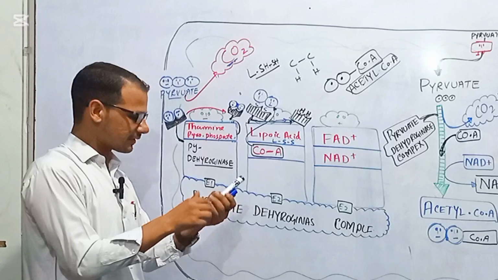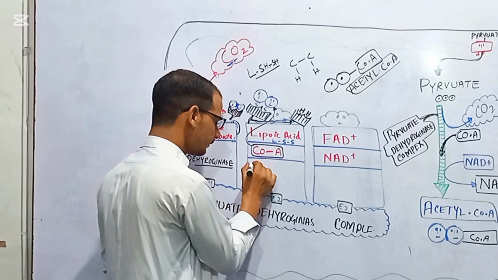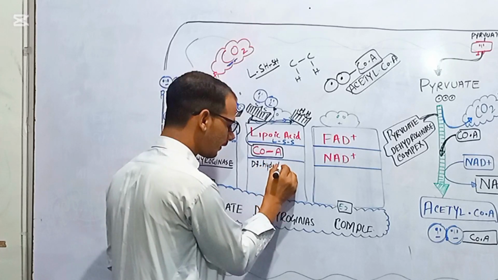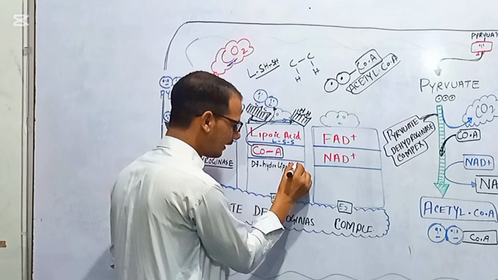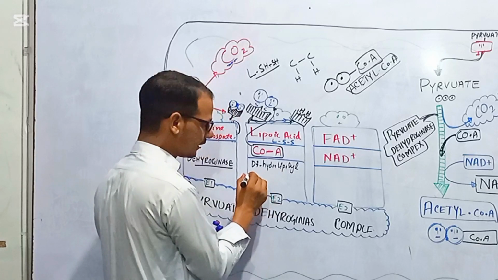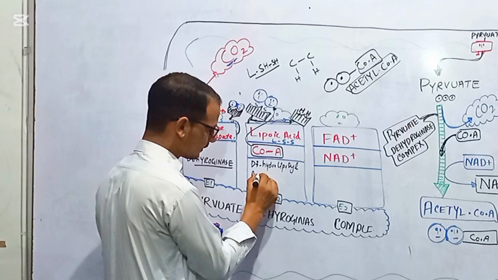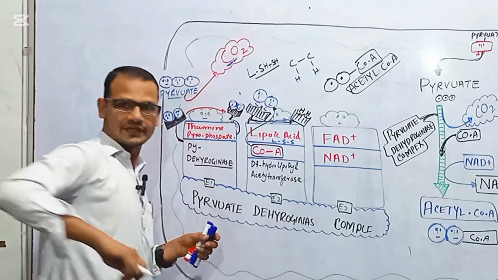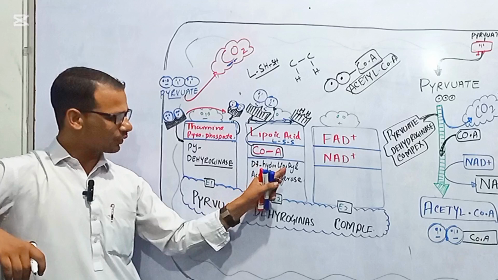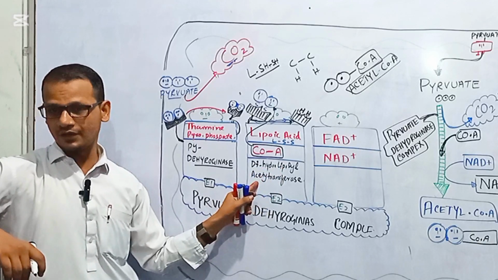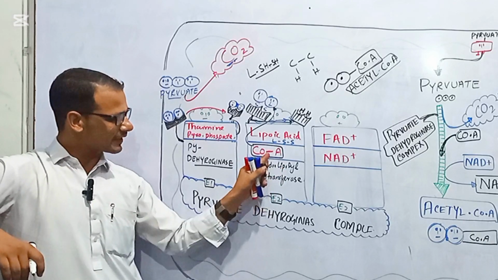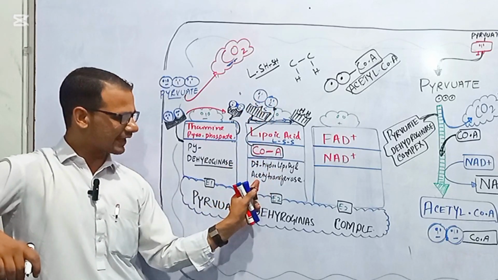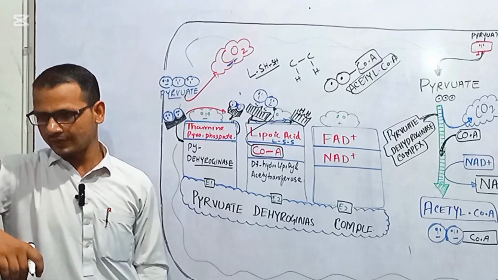So the name of this enzyme will be dihydrolipoyl acetyl transferase. What is the actual name of this E2? Dihydrolipoyl acetyl transferase, because it transfers its coenzyme A to acetate. So it is called dihydrolipoyl acetyl transferase enzyme, right?